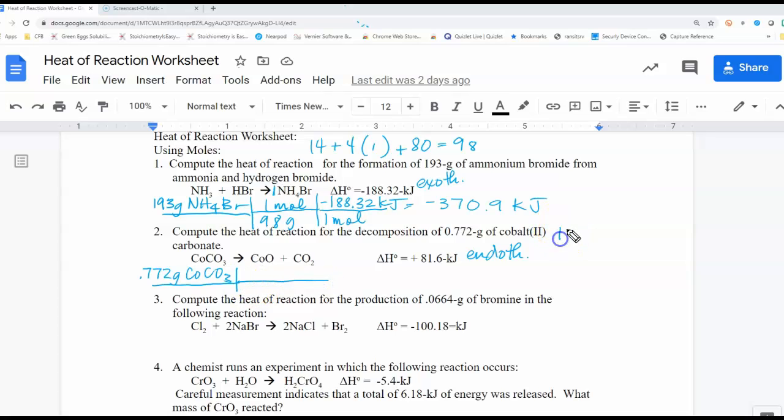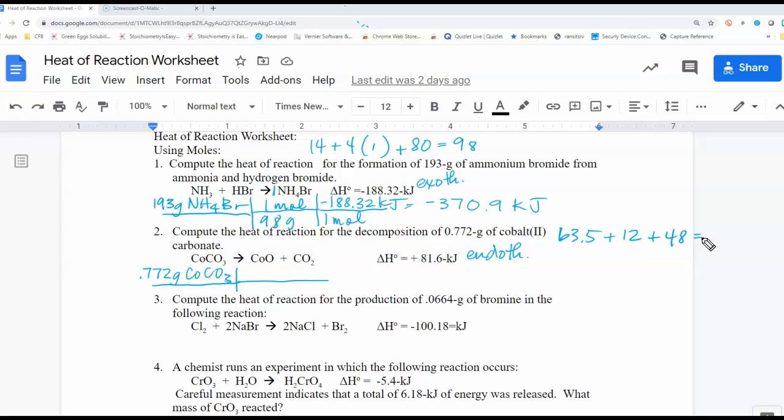My molar mass is going to be cobalt, which is 63.5, plus carbonate, which is carbon plus 3 oxygens, which is 48. So 63.5 plus 60.